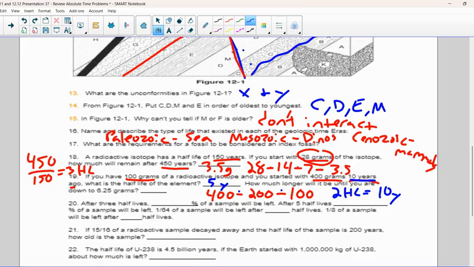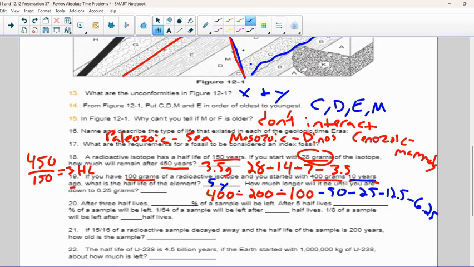How much longer will it be until you're down to 6.25 grams? So I would just continue on from here. I'm going to run out of room, so I'm going to erase this over here real quick. I'd go from 100 to 50 to 25 to 12.5 to 6.25.